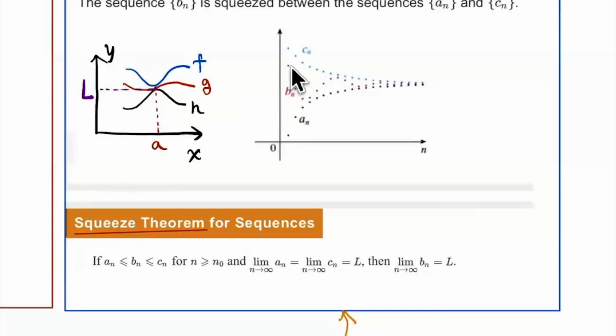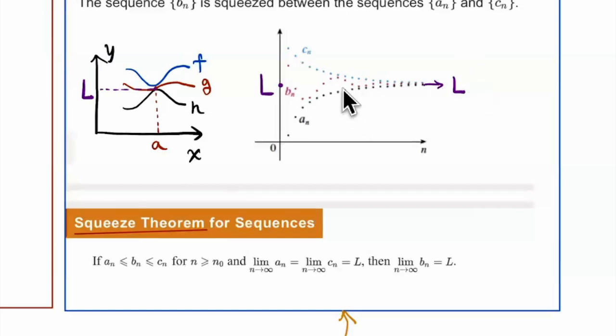Now we have a similar thing for sequences. So what does it say? If the above sequence and the below sequence have the same limit, say L, approaching L, then the sequence Bn, being squeezed by An and Cn, has no place to go and has to approach the same limit L, right?